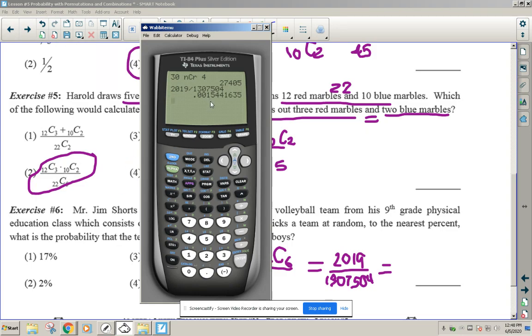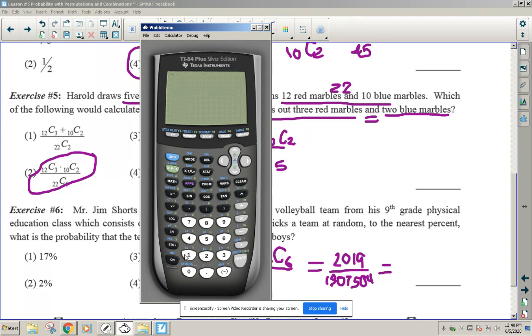So if I round to 3 decimal places, that would give me 0.002. And unless I typed in something wrong, that looks like there's maybe a typo. You know what? I always could be the one making a mistake.